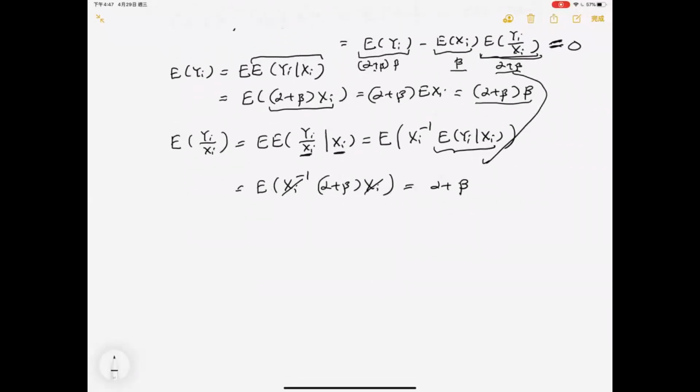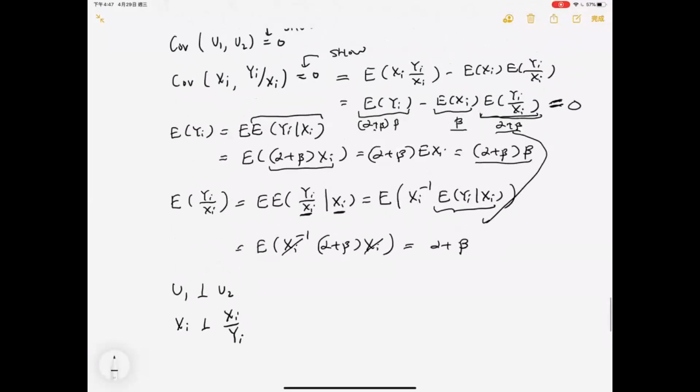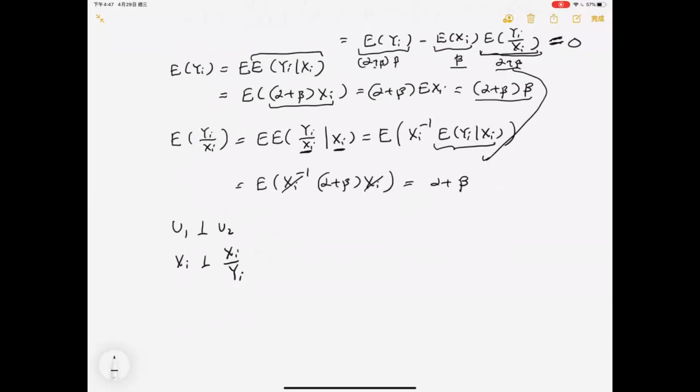Okay, good. I think I'm generous at the time. I only want you to show that uncorrelation, but you actually can show that U1 and U2 are independent. Or actually it's Xi independent of Xi divided by Yi. How do I show this?